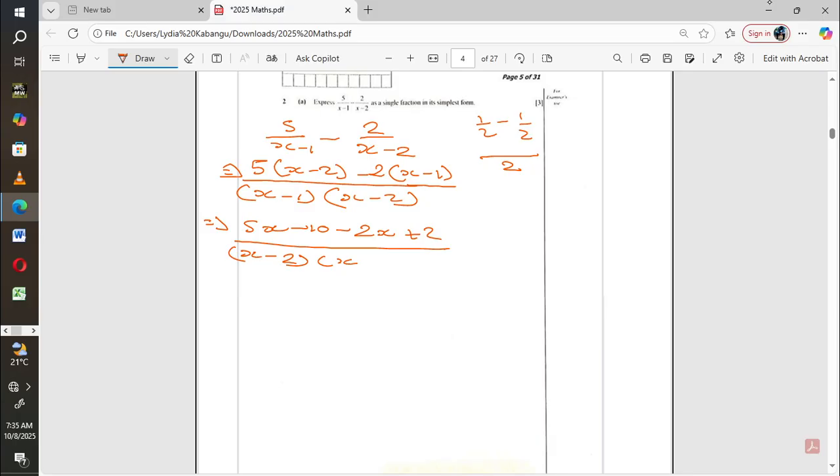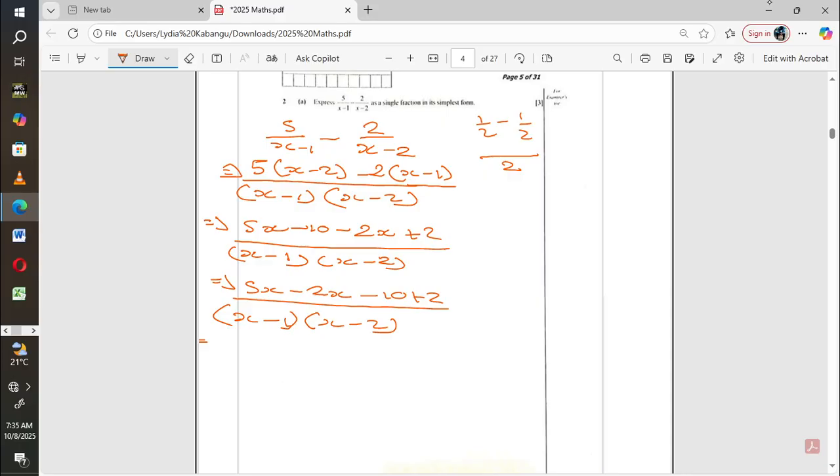Okay, so from there, what do we do? We collect like terms. So we're going to have 5x minus 2x minus 10 plus 2, divided by x minus 1, x minus 2.